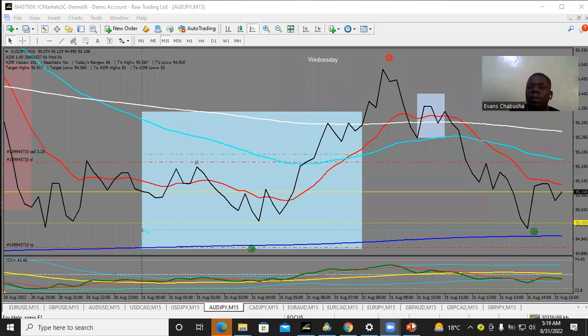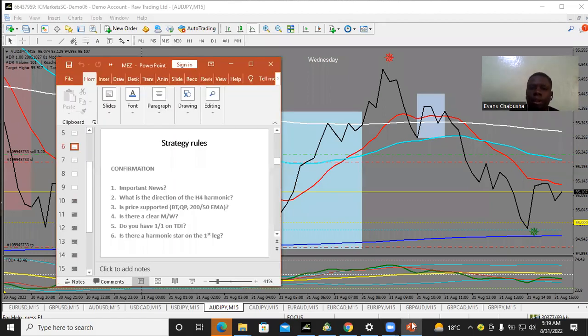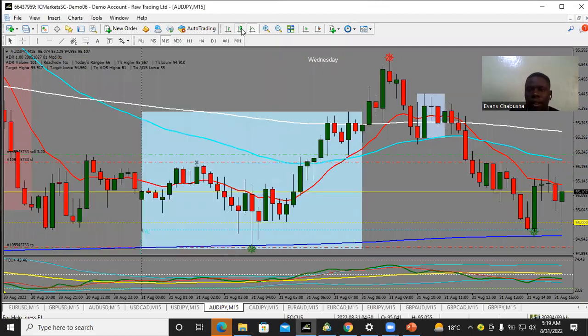Okay, so moving on, let me just change it back to candlesticks. Okay. So moving on, we can see that there's an M pattern there.